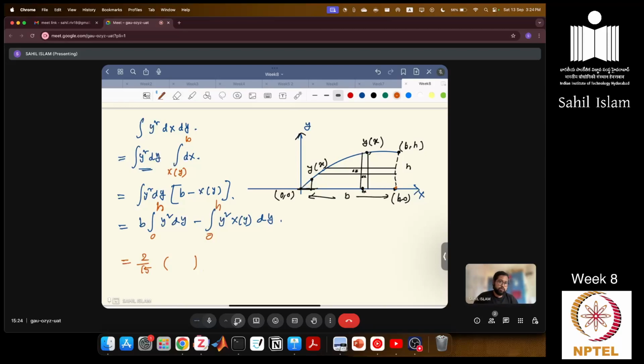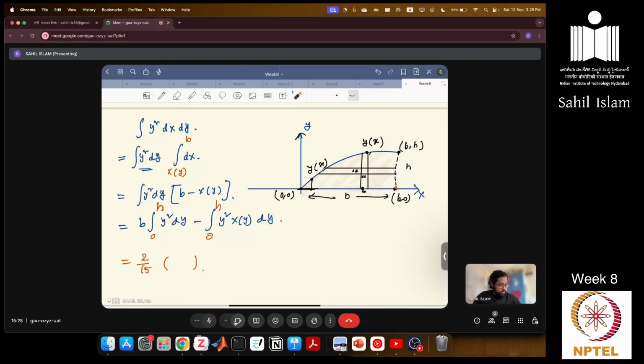Be careful about this kind of integrals. Always remember, always draw these lines, these elements, and see in which direction you are doing the integration first, and that's how you choose your limit. Because this is our plate, you have to cover the plate.